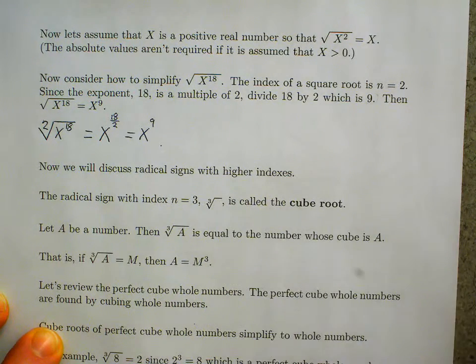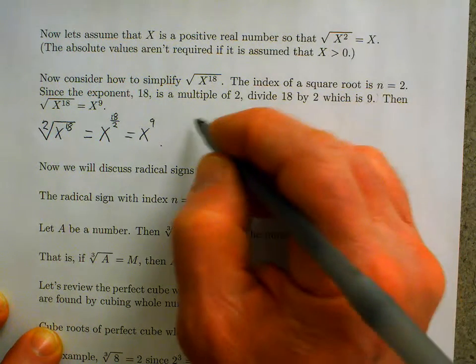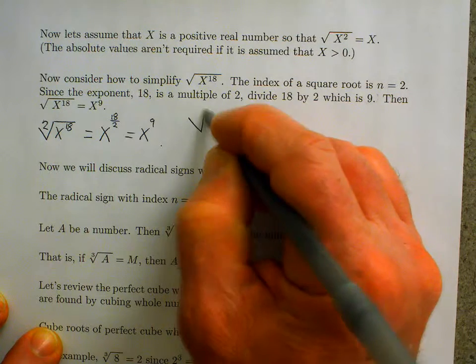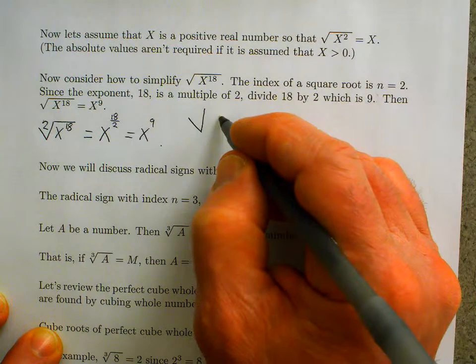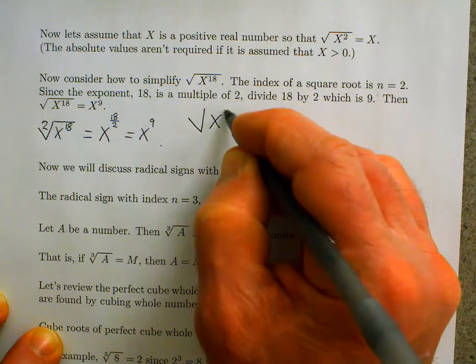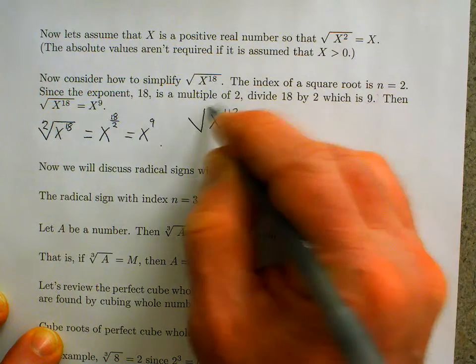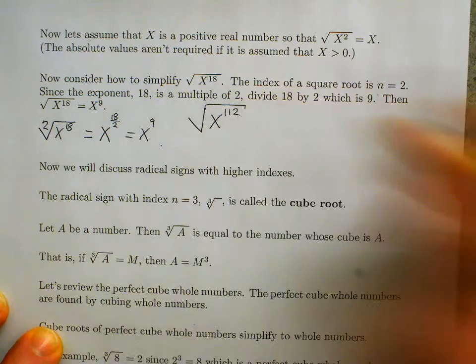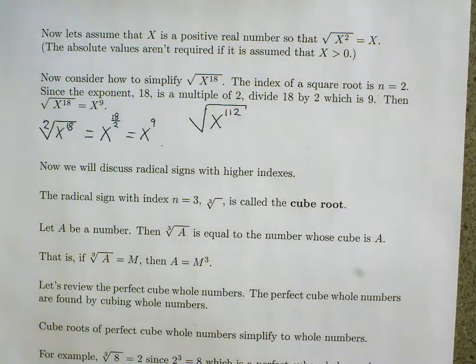So if you understand that, we can simplify variable expressions with larger even exponents. Suppose we have the square root of x to the 112. What will that simplify to?